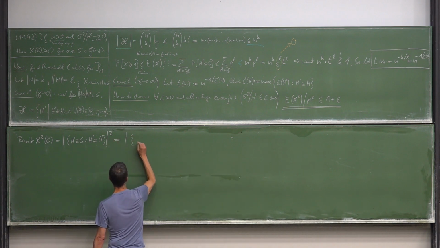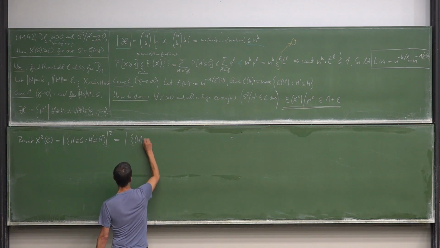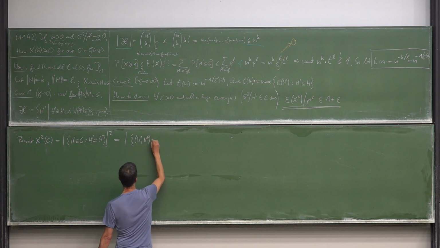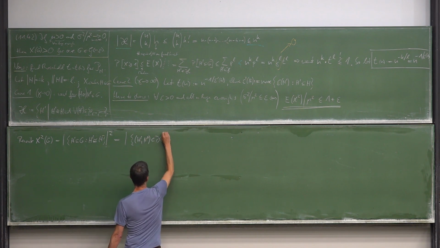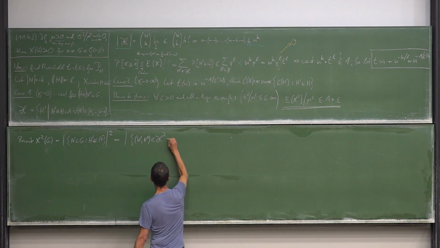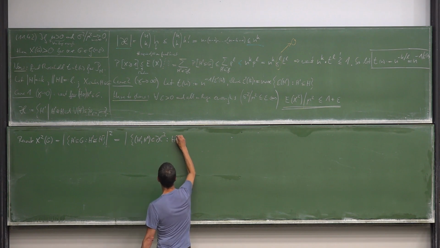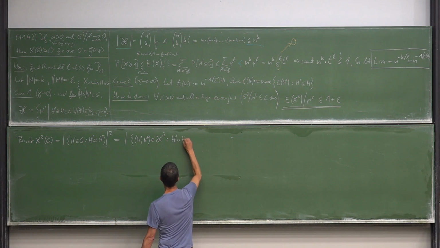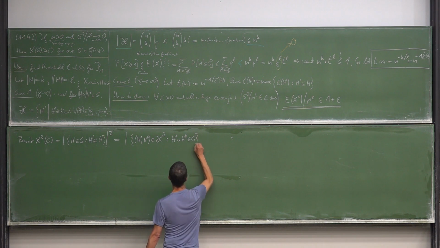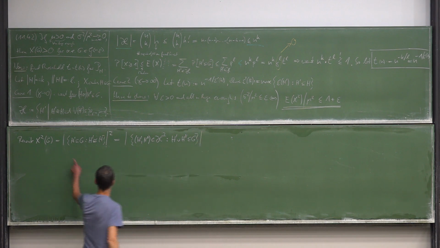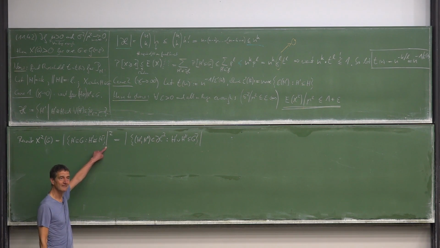Okay, fair enough. And that we shall rewrite as the number of pairs H prime, H double prime in H squared such that H prime and H double prime are both in G. It looks like a stupid way of rewriting that.